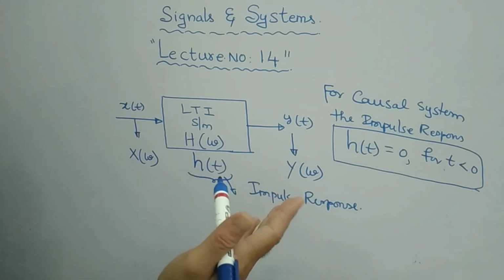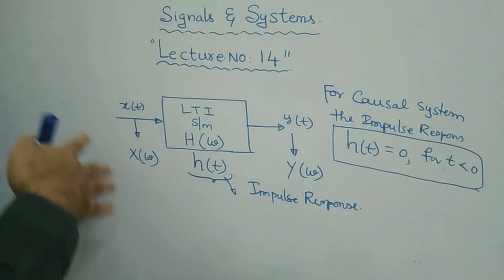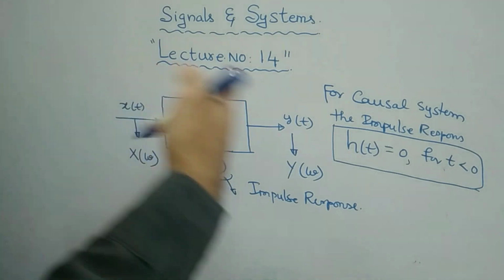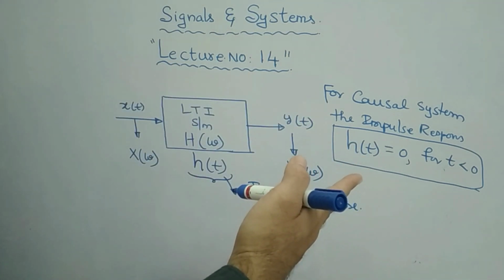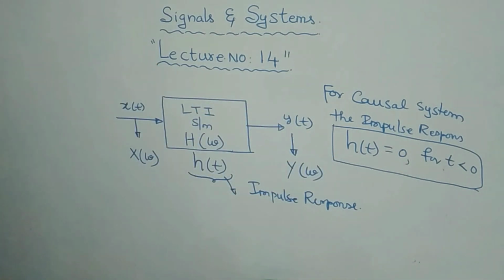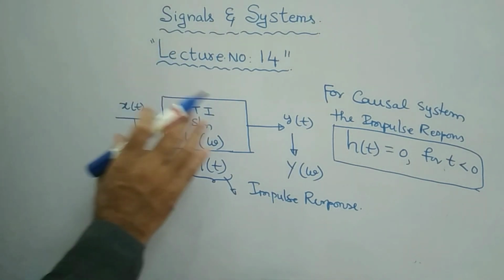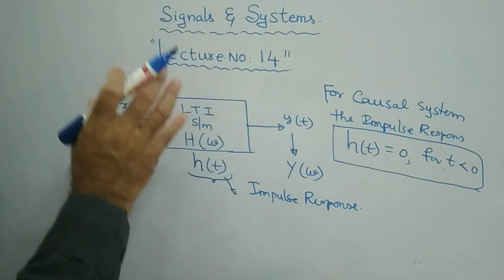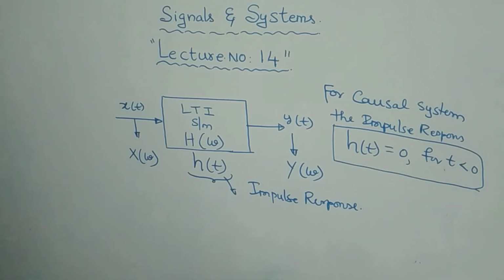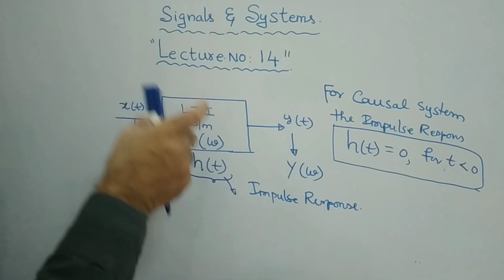But sometimes, depending on some previous information, the system may produce an output. But don't worry, as far as the causality of the system is concerned, remember this point only: the impulse response must be 0.